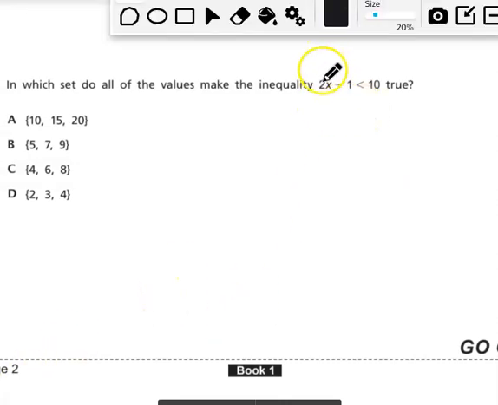So this is 2x minus 1 is less than 10. We usually do plus 1 on both sides. It looks like this is 2 steps. So we're going to end up with 2x, and then this becomes 0, and I'm still going to copy that less than sign. 10 plus 1 becomes 11.